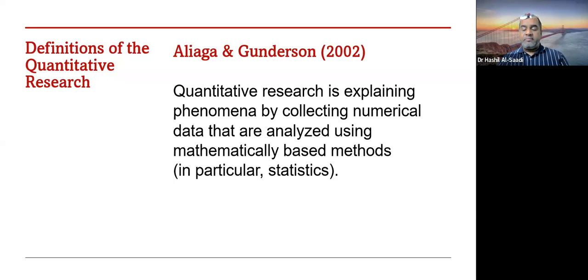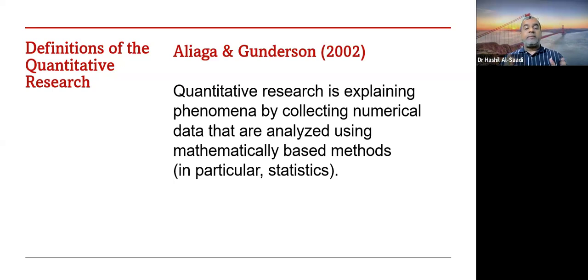So these are three quick definitions. I hope the picture of quantitative research is now taking shape in your mind by looking at these definitions. All three definitions talk about basically two things. They emphasize that the data are of a numerical nature, and the analysis is done using mathematically based methods, using statistics, for example.